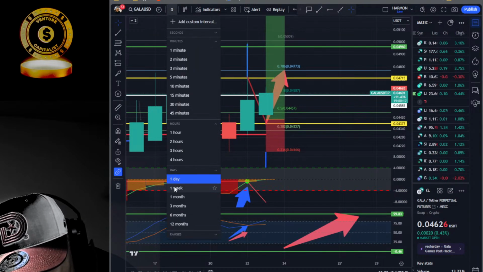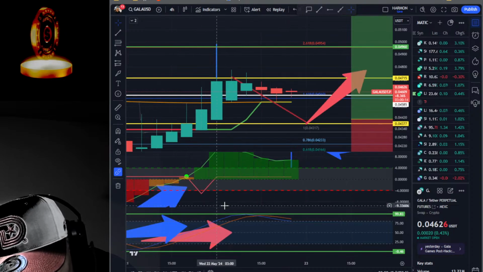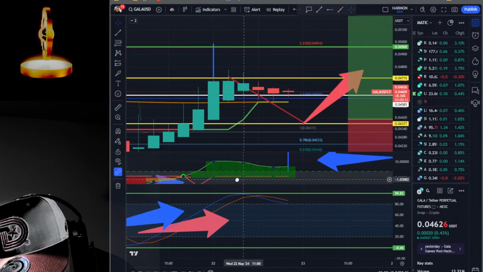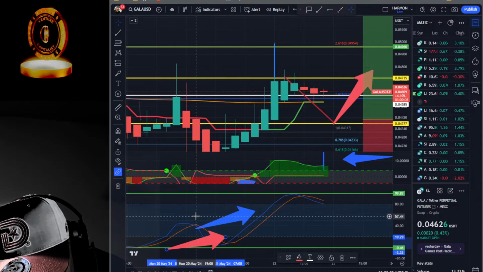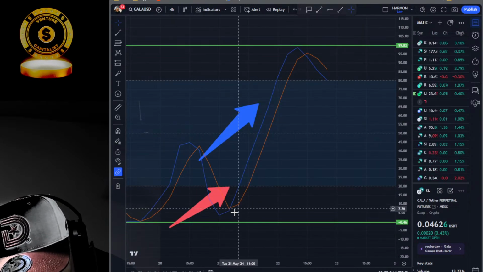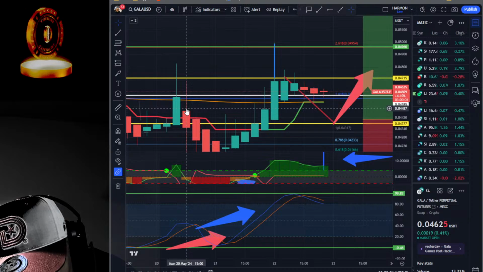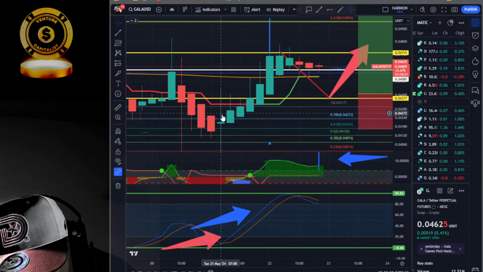Now we slide over to our 4 hour RSI, and that is where we make the decision on our entry, right? You can see here we had a 4 hour entry way over here, right here, guys, and that would have put us in a situation where we should have been buying in this section here.